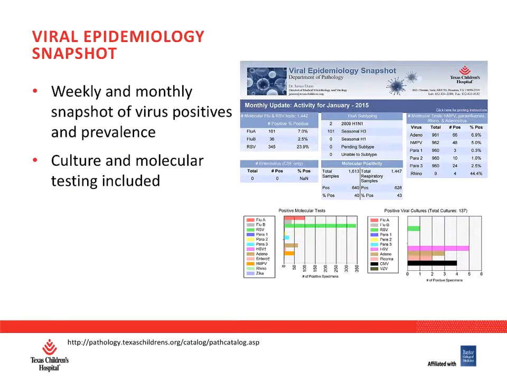It includes both culture and molecular results. So the clinicians really can get a sense of, for example, they use this data when they decide when RSV prophylaxis should be provided to infants and high-risk patients for Synagis administration.